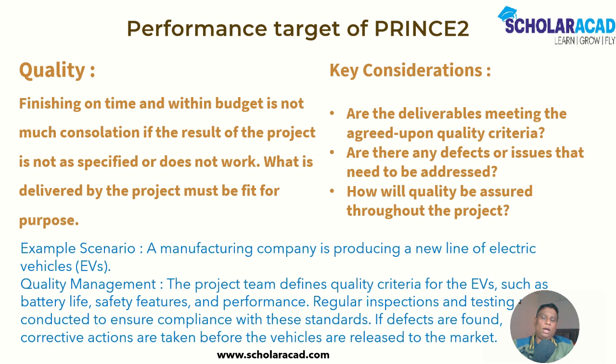And make sure that you have a complete understanding of the quality parameters, like subject matter experts who have the knowledge of what is to be done, what is to be delivered, what is to be executed. For example, you are part of a manufacturing company working on an electric vehicle. You always need to make sure of safety, regulatory features, performance features, inspections, testing, walkthroughs, compliance, or meeting the standards according to your project requirement.